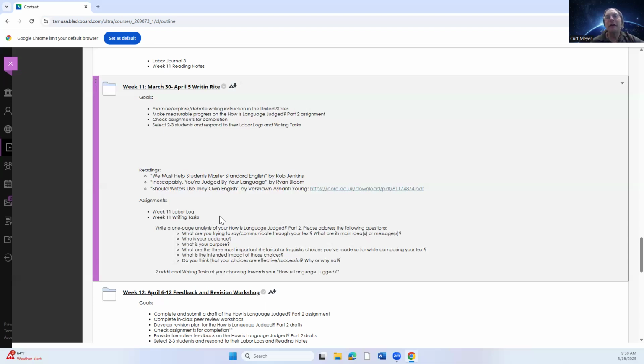But as you are delving into who your audience is and what your purpose is in addressing that audience, like why are you talking to them? What do you want to convey to them? What linguistic and rhetorical choices are you making that you anticipate will impact them? And how successful is that process so far?